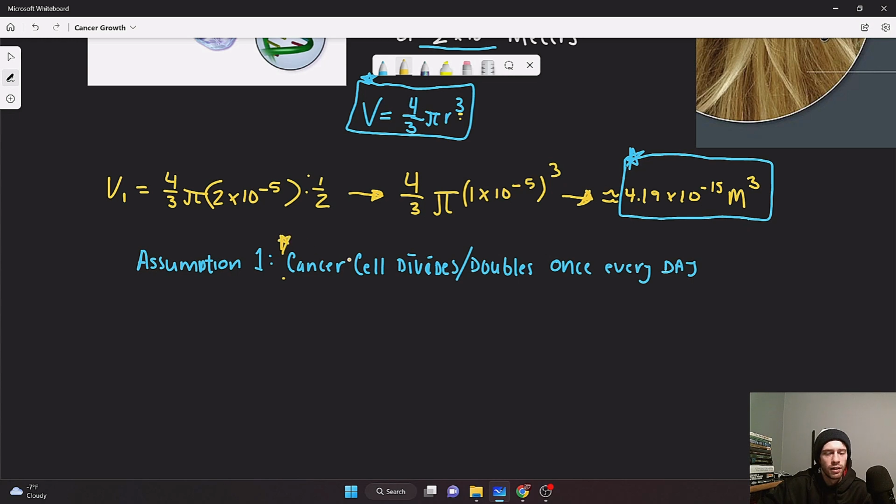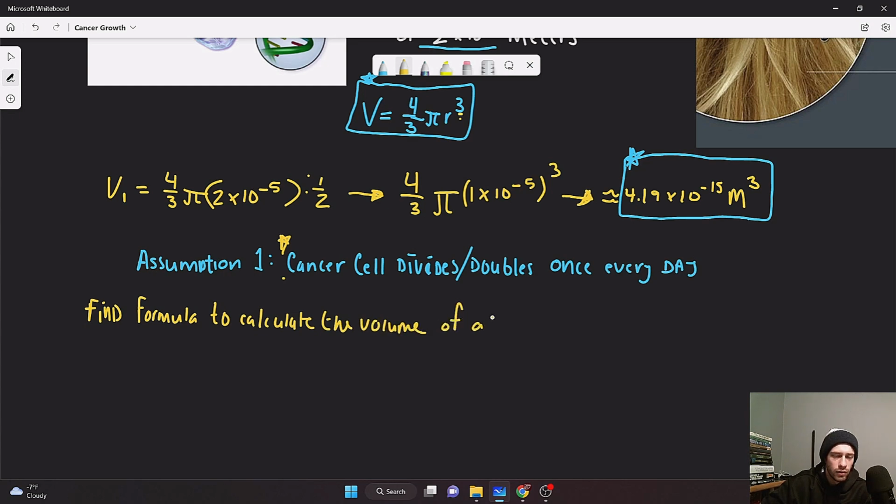And so we can derive a formula for calculating this using the volume. So we are going to find a formula to calculate the volume of cancer cells over T days.